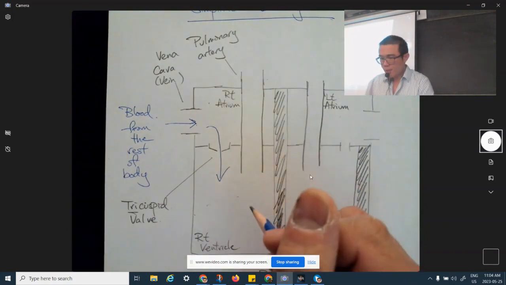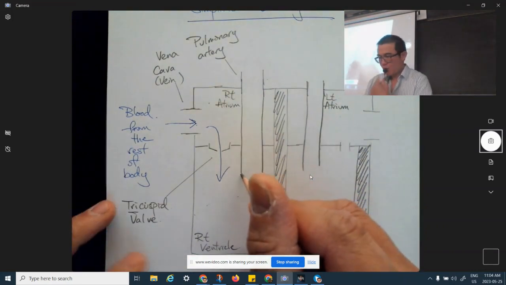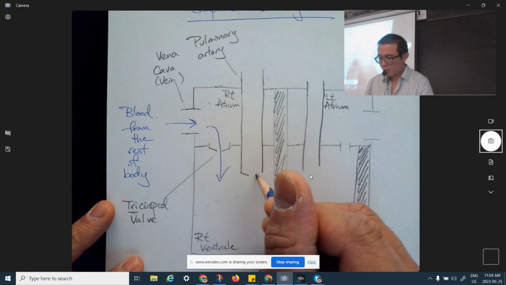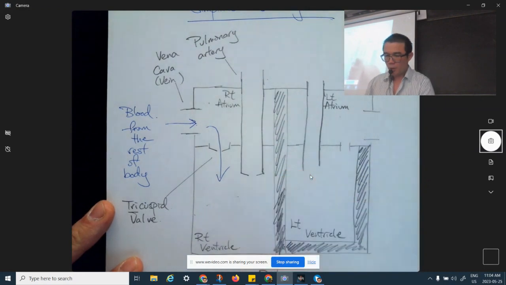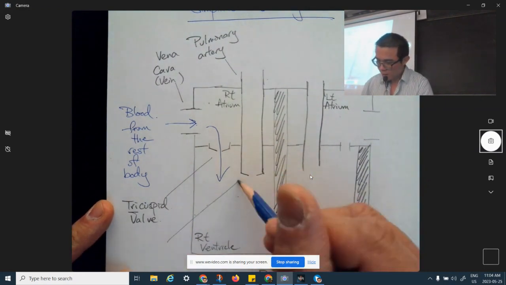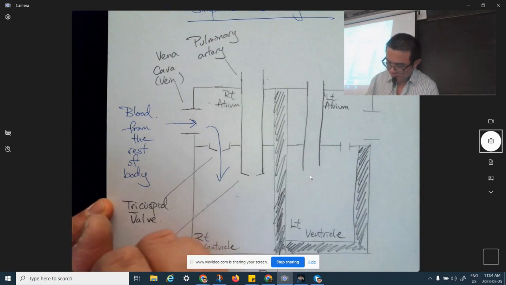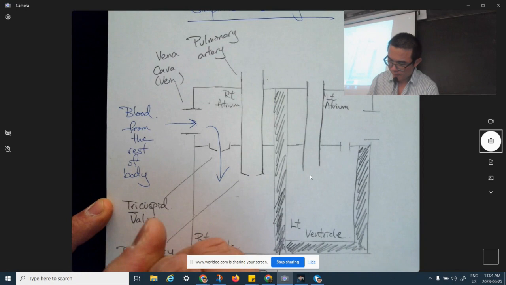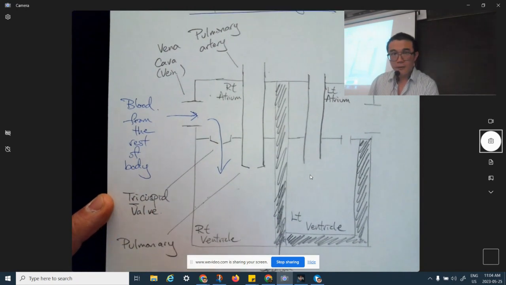And this blood vessel also has a valve down here called the pulmonary valve.